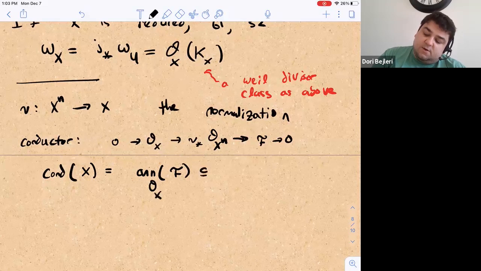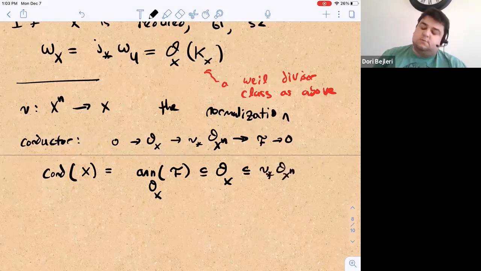So it's an ideal in OX, but in fact, it's also an ideal in OXN. Of course, it's contained in OXN just by this exact sequence, because OX is a subalgebra of OXN. But the upshot is that the conductor is actually an ideal of both rings.